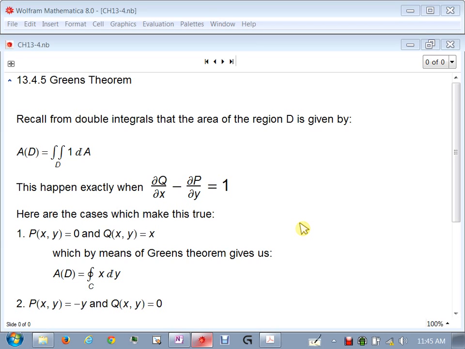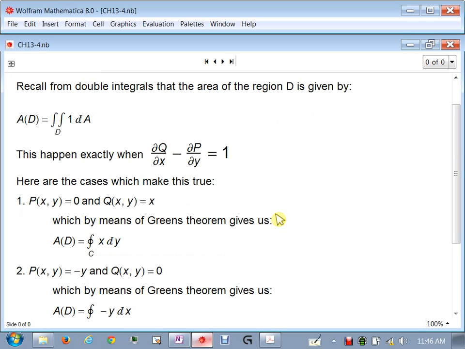Here's one option. If I let P be 0 and Q be X, then when I do my partials, don't I get 1? The partial Q with respect to X is 1, minus the partial P with respect to Y, which is 0, so this would be 1. Do you all agree?